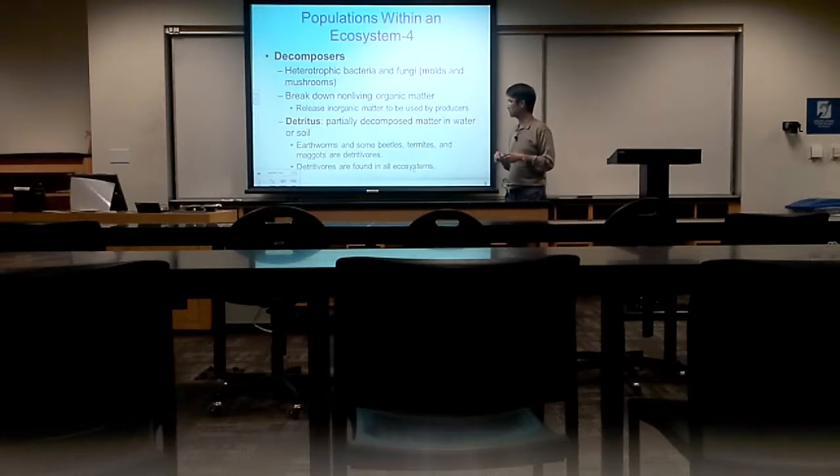And then detritus. Detritus is decomposed matter in water and or soil. Detritus is not bacteria and fungi, but it is also one type of decomposer. It is a type of decomposer specifically for multicellular organisms, like earthworms and some beetles, termites, maggots, all of them we call detritivores.